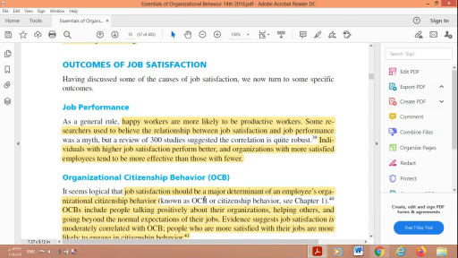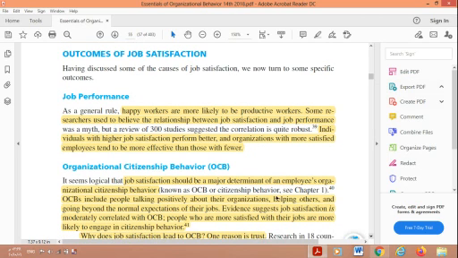So job satisfaction should be a major determinant of an employee's organizational citizenship behavior. Organizational citizenship behavior includes people talking positively about their organizations, helping others, and going beyond the normal expectations of their jobs. The evidence suggests that job satisfaction is moderately correlated with organizational citizenship behavior. So there is a moderate relationship between job satisfaction and the organizational citizenship behavior.